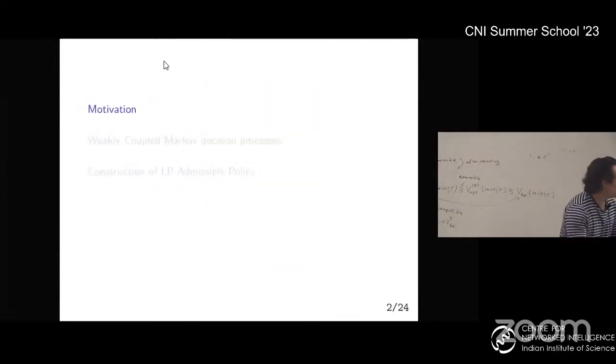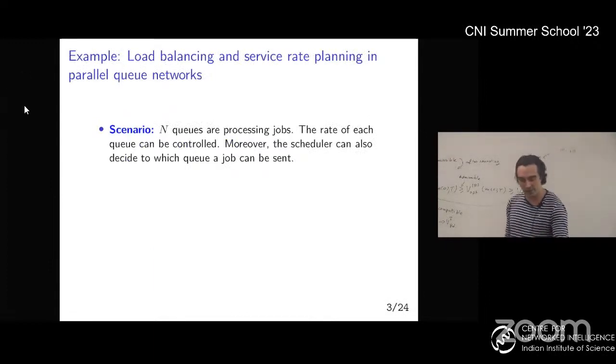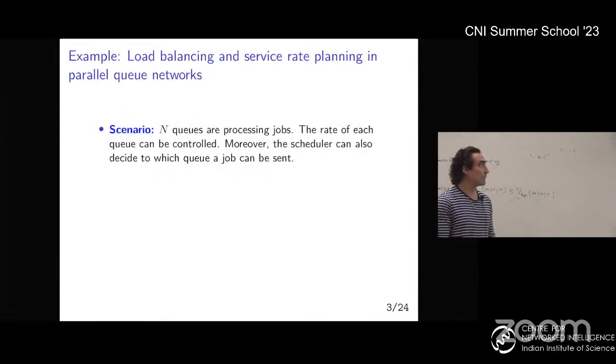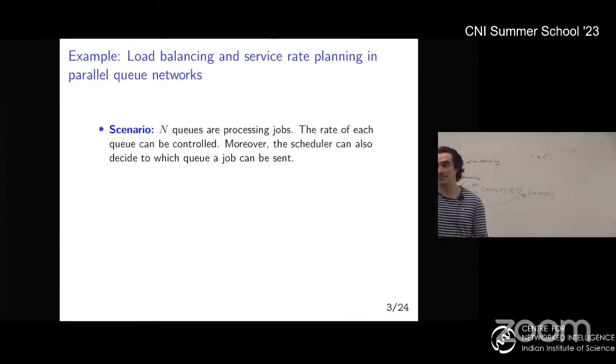So this problem is actually coming from discussions that I have with one of my students. It's also related to optical networks, and a discussion with Parimal also, is: how do you, if you have a set of queues, do load balancing and control the service rate of your queues at the same time? What does it mean to control the service rate?